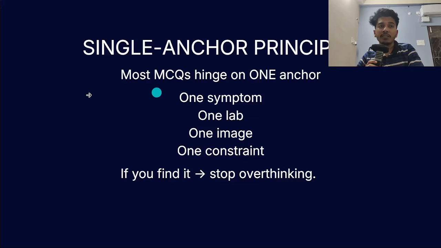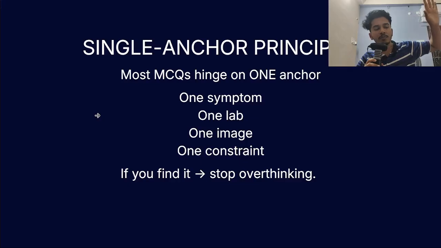Maybe it could be one symptom which is found nowhere else, just in that one condition. Maybe there is one lab finding which is the most optimal answer for the condition given among all the options. Maybe there is one image that you need to remember. Maybe there's a huge stem, a huge description, and an image is given, and just based on the image you could answer the question.